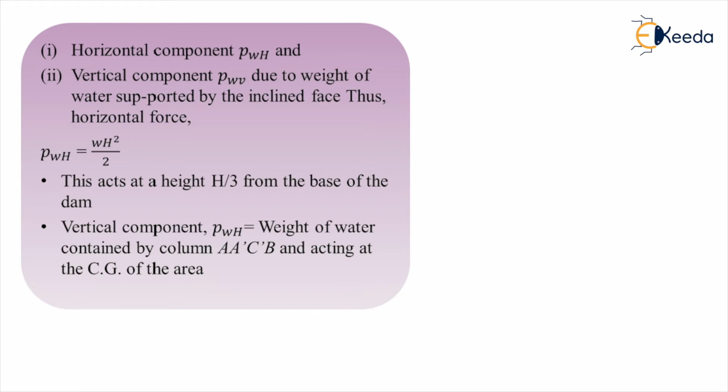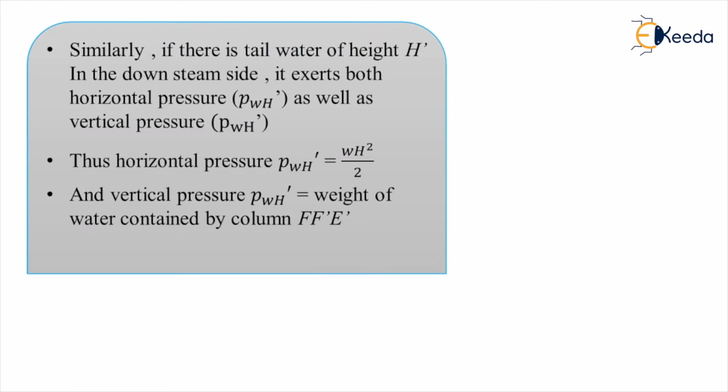Firstly, we find the horizontal pressure according to the triangular pressure diagram, and secondly we find the vertical component, for which we divide this section into two mathematical sections, sometimes forming a triangle and sometimes a rectangle. By using the area formula we can easily find the pressure on this section. Similarly, as I told you, some part of the water will remain and be retained on the downstream side also.